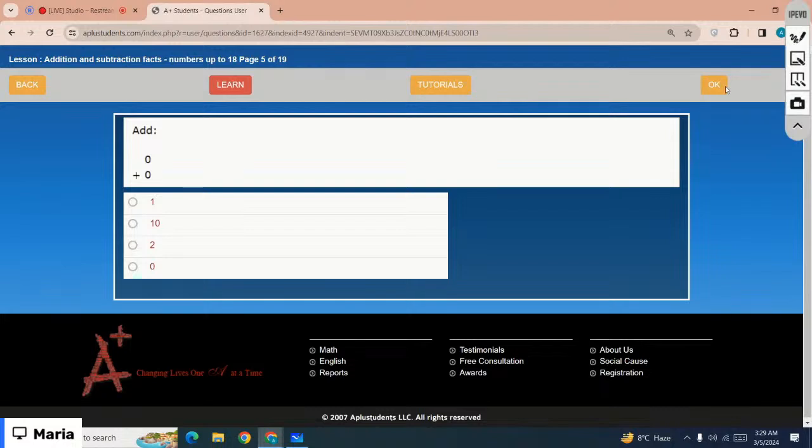So which is the correct option? The correct option is 0 plus 0 is 0, right?